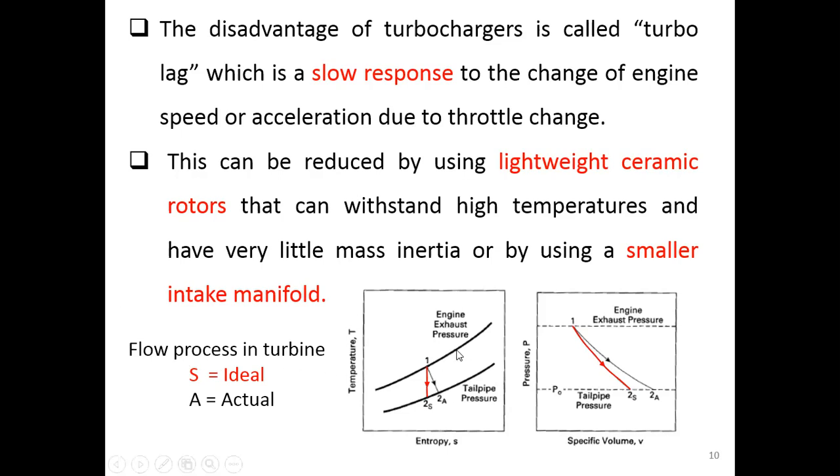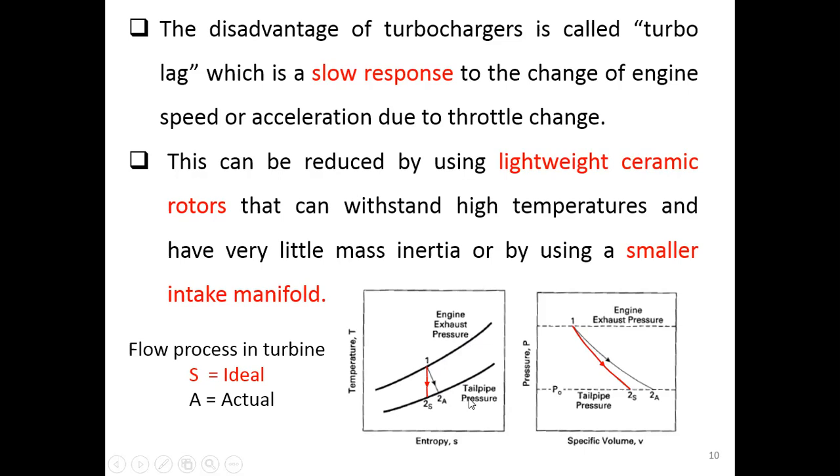Look here, these two pictures give you the process that happens in the turbine. The line in a lighter color again represents the ideal one, which is the isentropic process. The turbine also works between two pressures. The first one is the exhaust pressure, which is on the top.